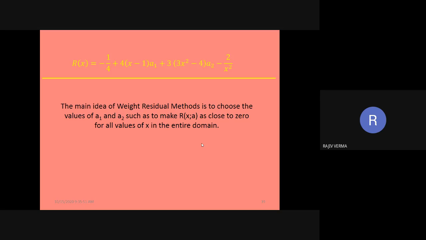And this particular aim is going to be achieved in this lecture by 4 methods.